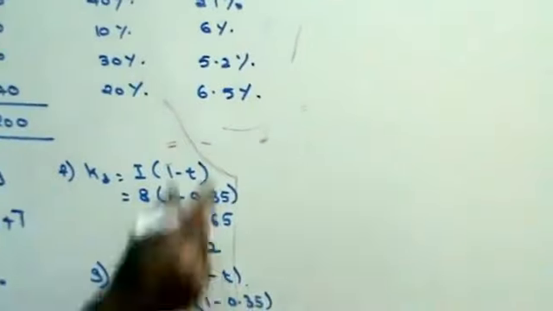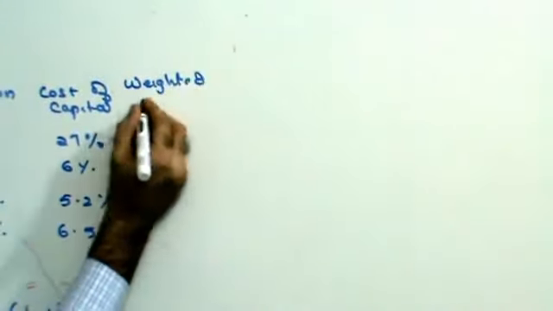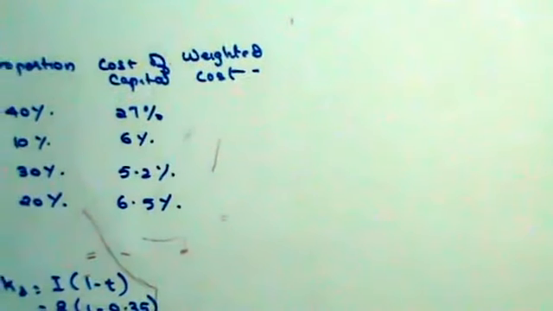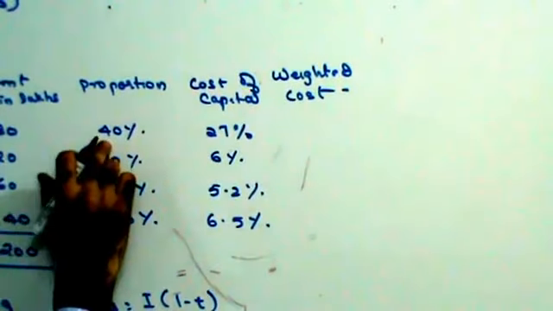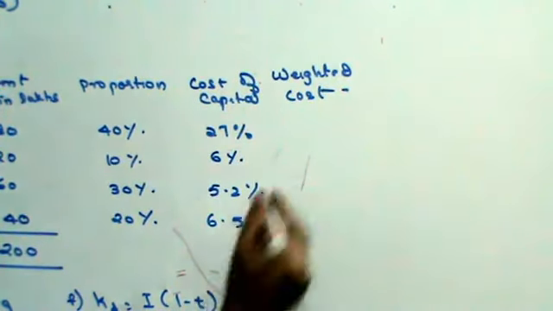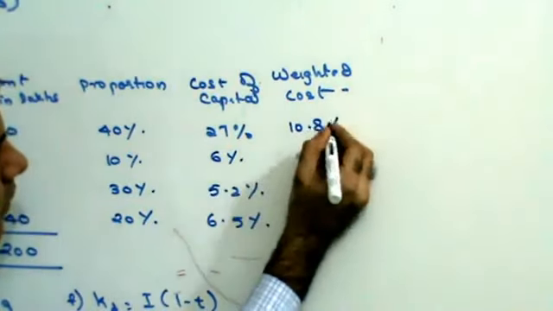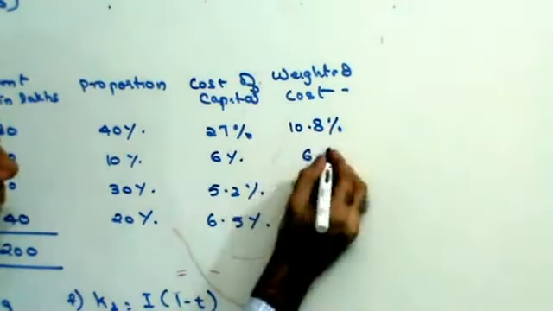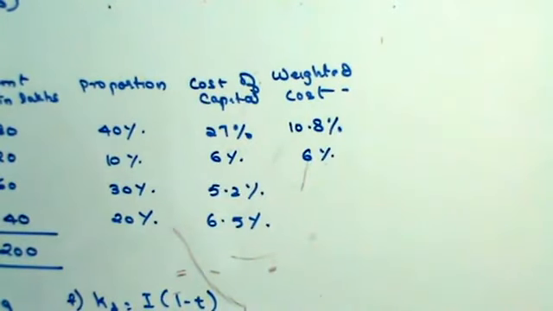Now find out the weighted cost. How do I find out the weighted cost? Weighted cost is nothing but proportion into cost of capital. 40 into 27% is going to give you 10.8%. 10 into 6% will give you 0.6%.